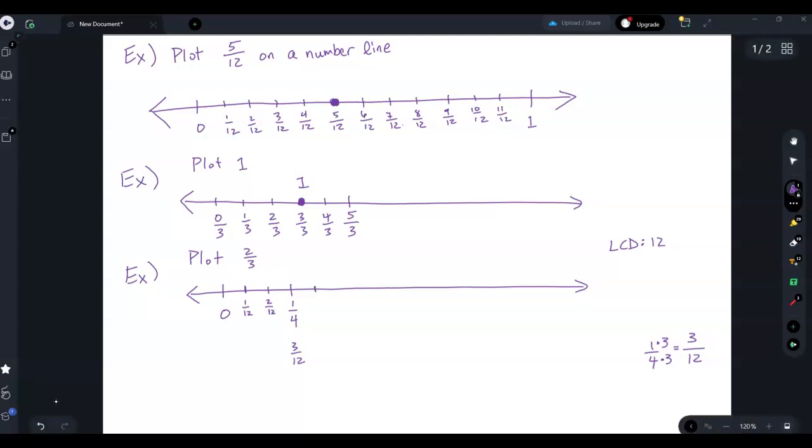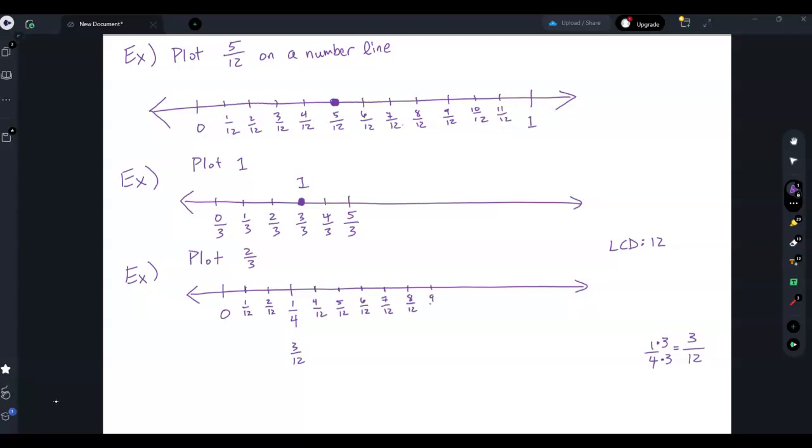So I'm going to do my best to keep those evenly spaced and just keep making tick marks the same size. And each of these is a 12th. So I've got 0, 1/12, 2/12, 3/12. This would be 4/12, 5/12, 6/12, 7/12, and just keep going.